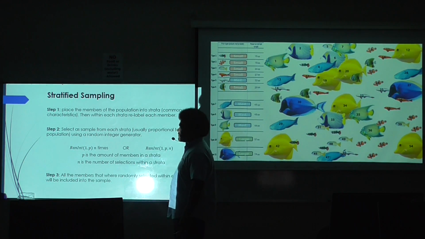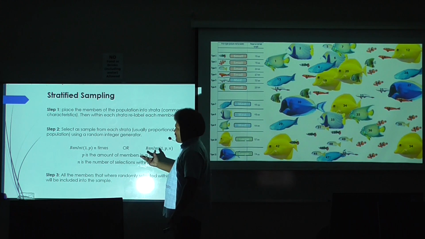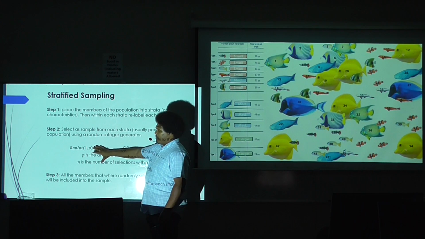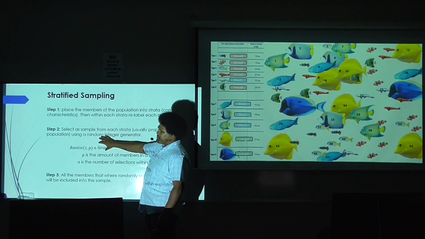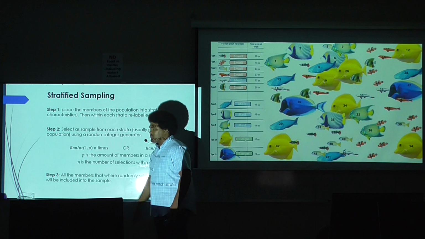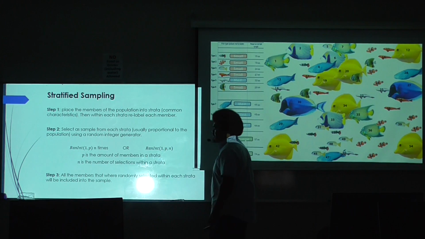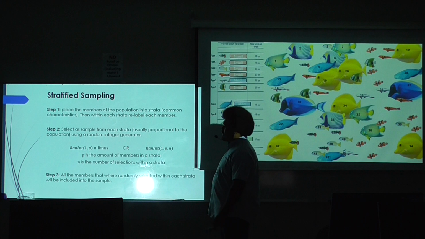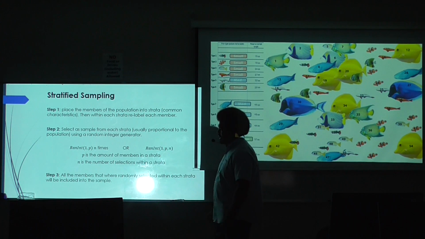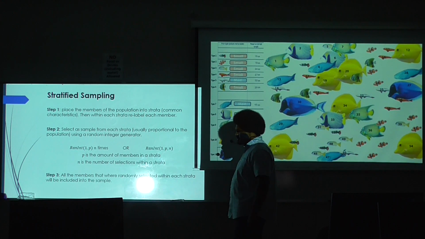Right here, instead of putting K or M, we put P. P is going to differ based off how many participants or labels we have within each strata. Not all strata have the same number of members, so we have to have a different upper limit for each one. It would change depending on the strata itself, to keep proportional or whatever has been determined by the person who makes the problem.